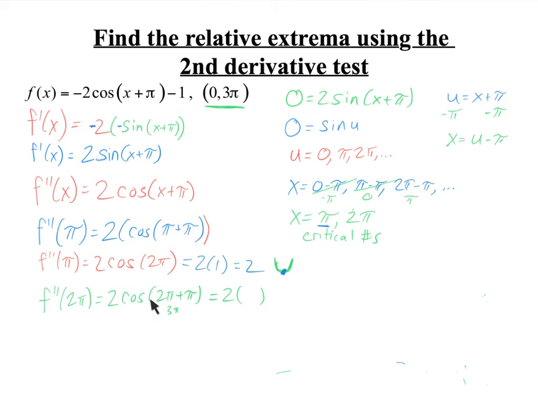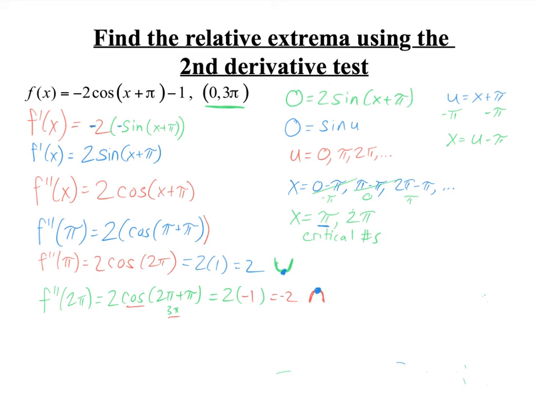Hopefully you can see that's cosine 3 pi. Isn't that negative 1? Won't cosine 3 pi be negative 1? And so what's 2 times negative 1? Isn't that negative 2? So isn't that telling us it's frowning? So what does that mean about this critical number? It's a relative max.